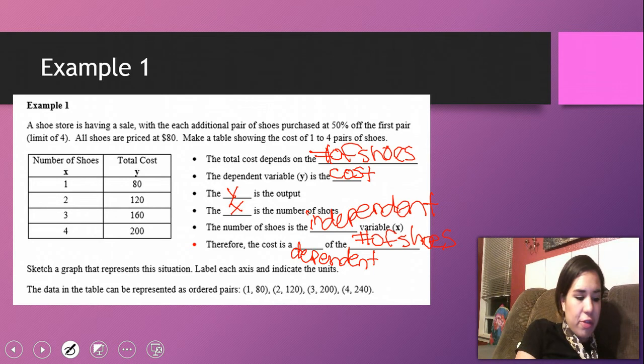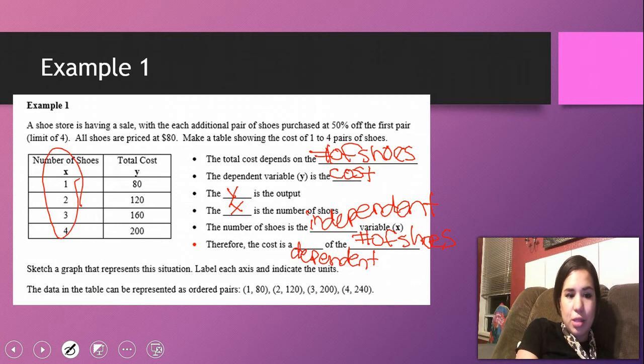So sketch a graph that represents the situation, label each axis, and indicate the units. If you notice, before they graph it, they made an equation where they had x as the number of shoes, and then they created a table where they found the cost for each one, since they gave us these numbers. So the first pair is $80.